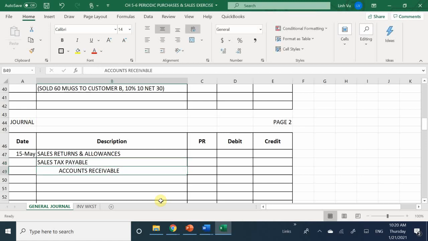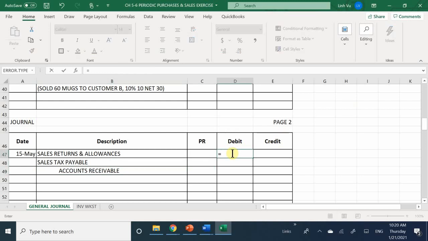Good. So now that we have our foundation here, if we are returning 30 mugs, how much is the total sales that we're refunding? $299.70. Good.